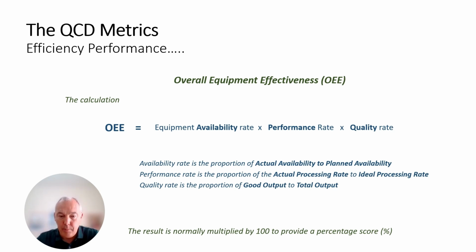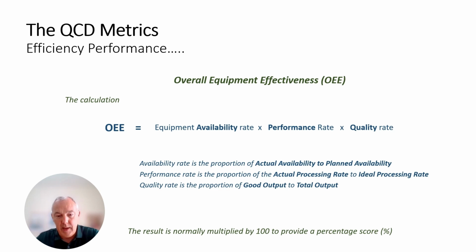For each piece of equipment that we're monitoring here, we'd identify the level of availability of that equipment. We'd multiply that by the level of performance that's being achieved in terms of its operating rate. And then finally, we'd multiply that again by the level of quality performance that's been achieved in its outputs.